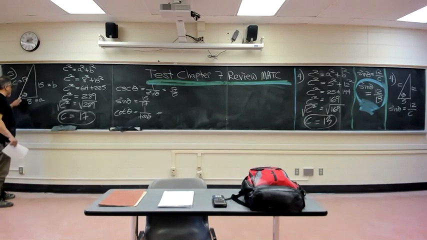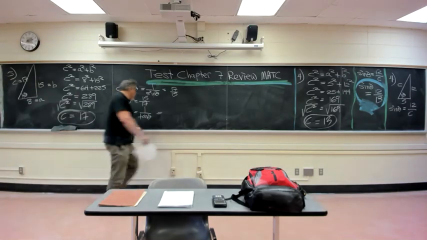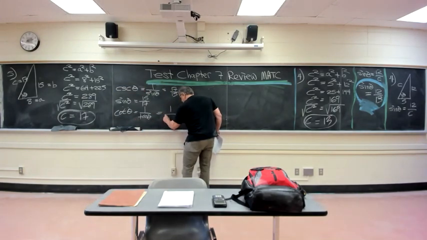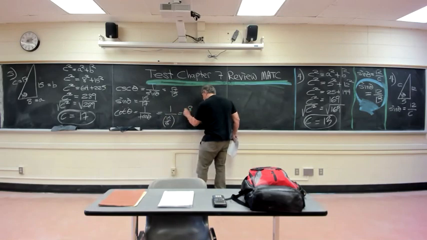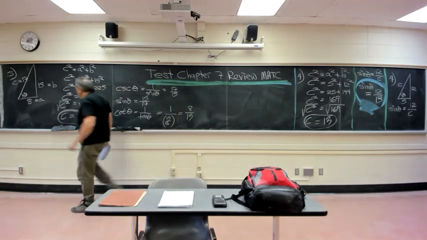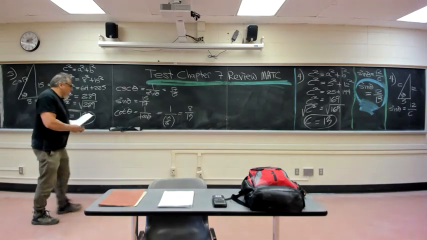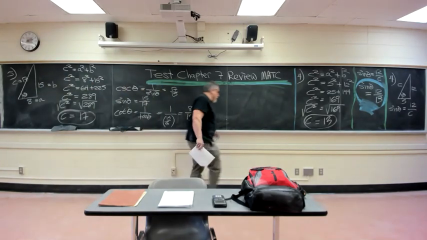The tangent of theta is opposite over adjacent, 15 over 8. The cotangent is the reciprocal of 15 over 8, which is 8 over 15. And there it is. That's the end of it.